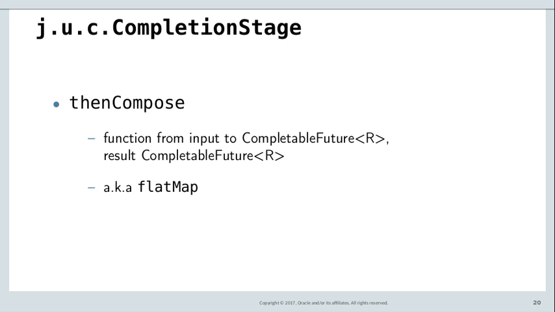If you use thenApply, you will get as a result a CompletableFuture of our result. It's not a good situation in some cases. And thenCompose does flattening. For those who are familiar with functional notation, it is a simple flatMap, and it's a very powerful thing. I will show examples of how to use it later.